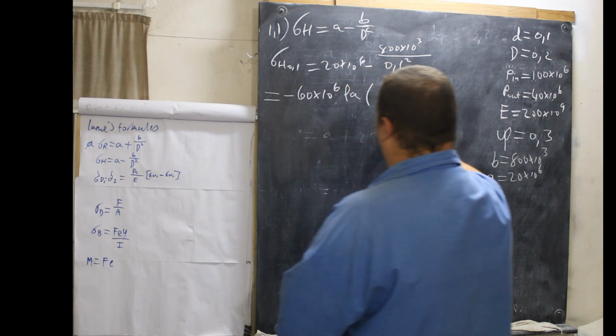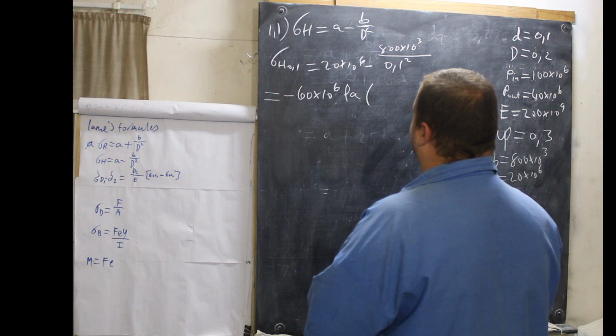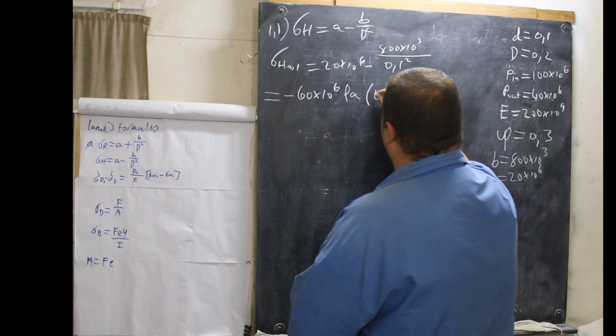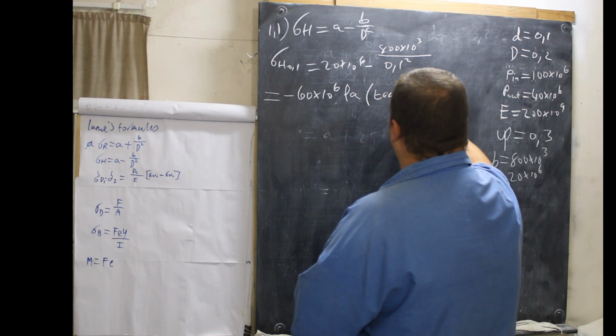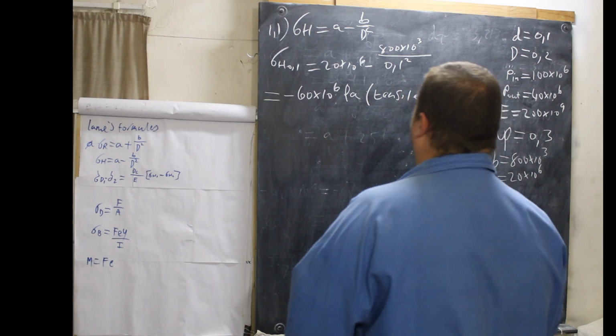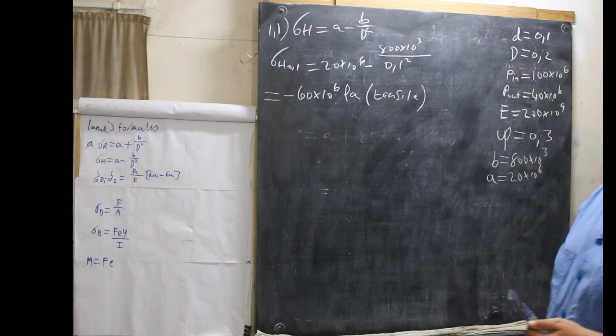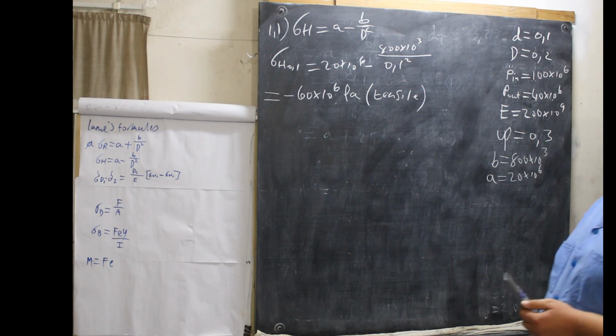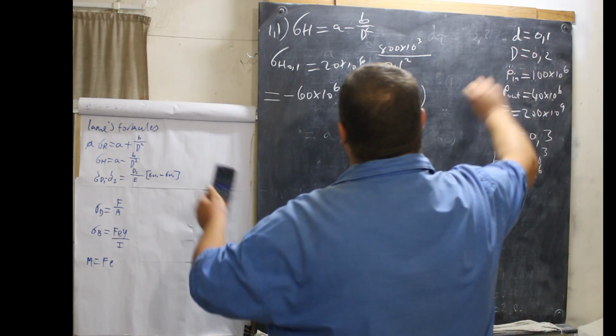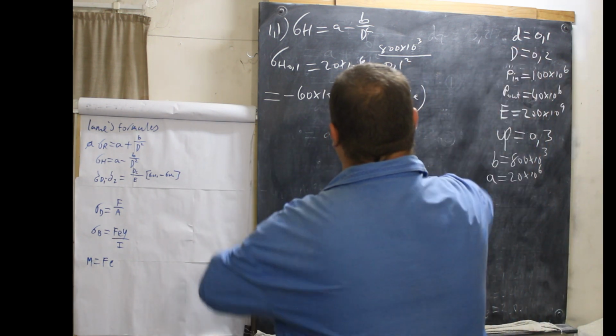which is, now they'll always want you to tell them this is a tensile load, because it is pushing out. This is due to internal pressure, so it's pushing out.